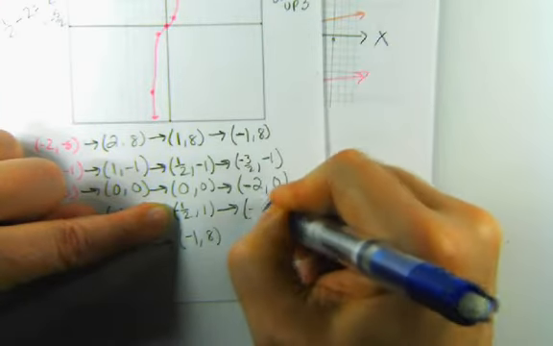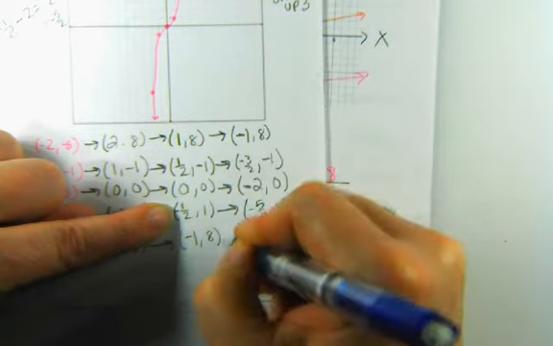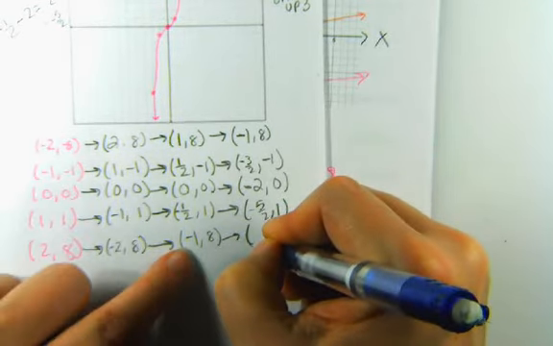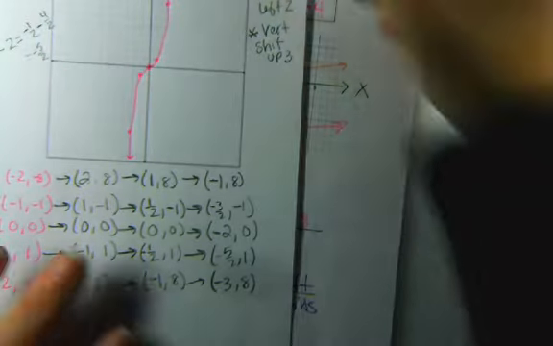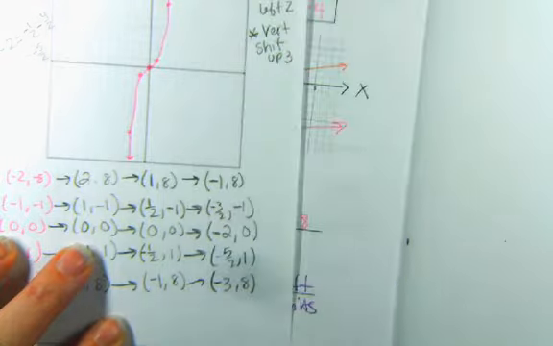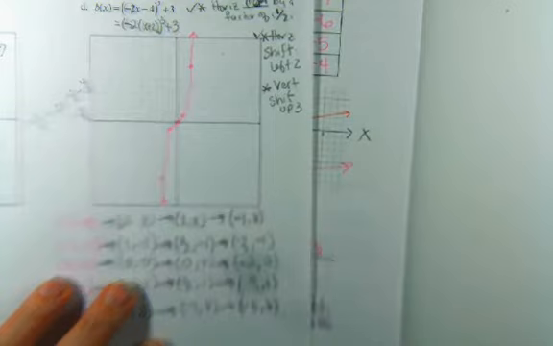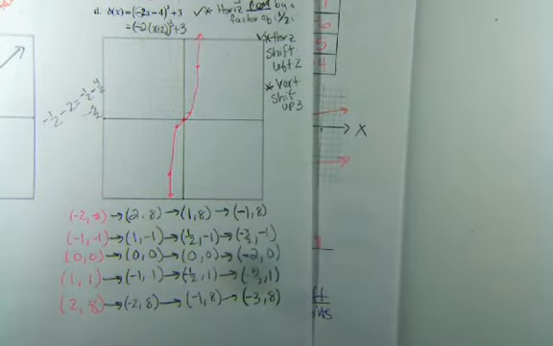And last but not least, now that we've done our horizontal shift all the way down, is my vertical shift up 3, which takes all my y values, leaving these x values alone. I'm just going to look at these y values and add 3. Negative 1, 3 plus 8 is 11.